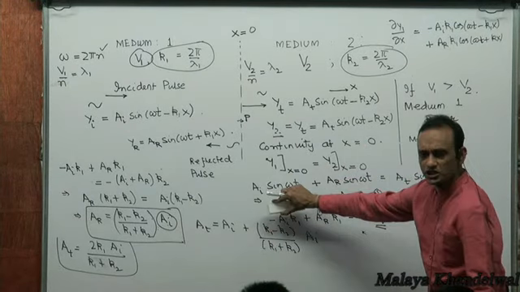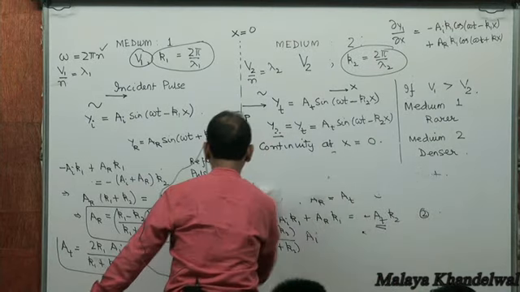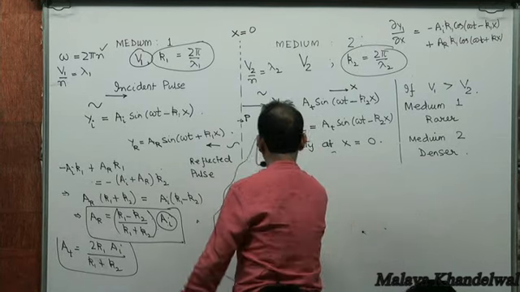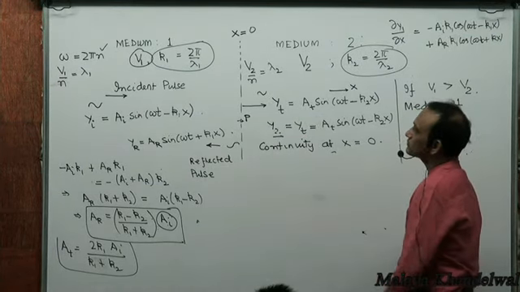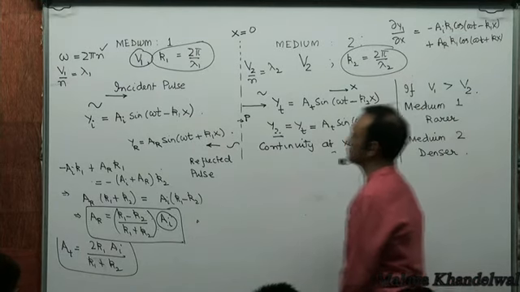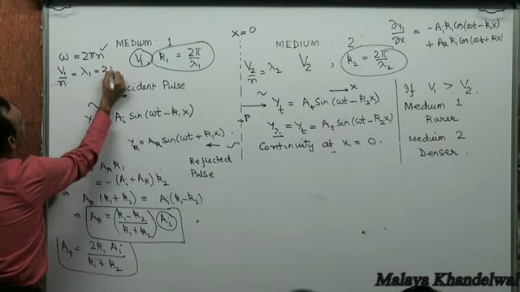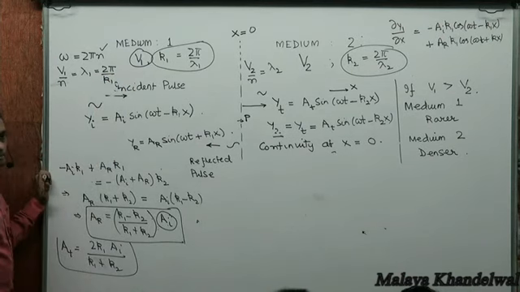Can I remove this computation? Look, lambda 1 is 2 pi by k1, isn't it? Lambda 1 is 2 pi by k1, right?